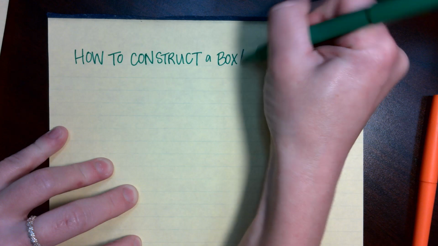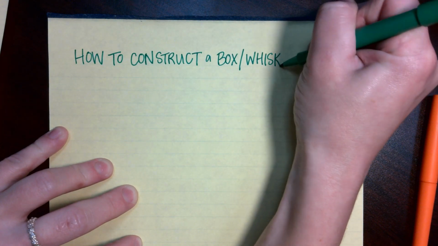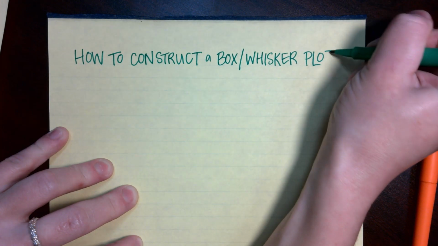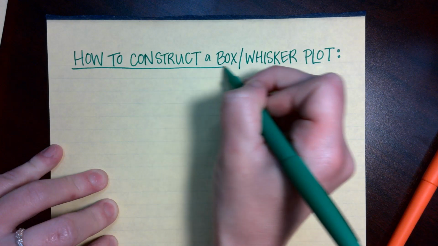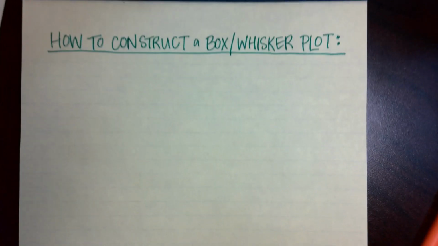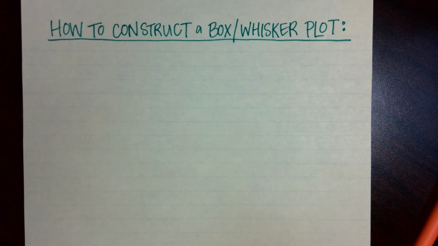A box and whisker plot. I like that name. I know it, like a little kitty cat. All right. So there are about 5 steps to doing this.